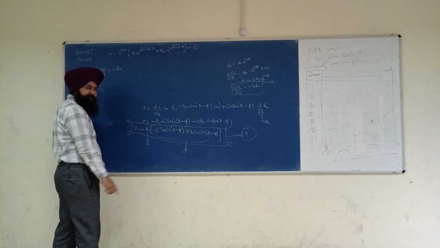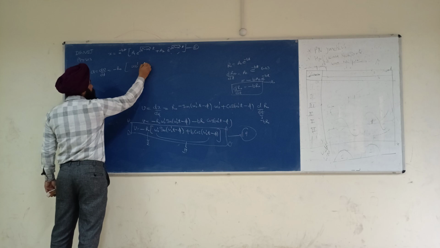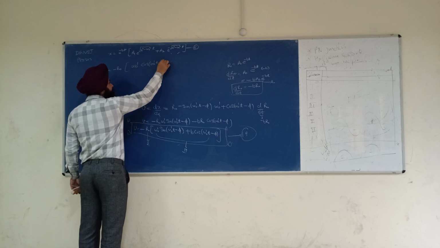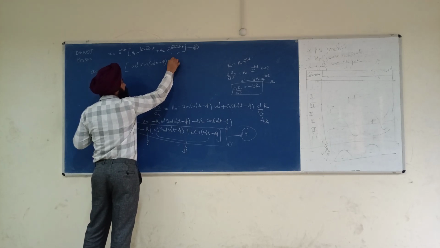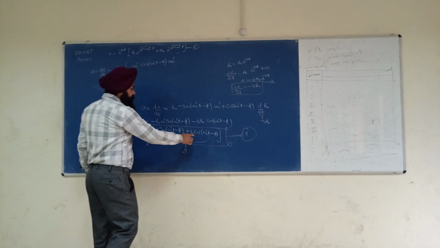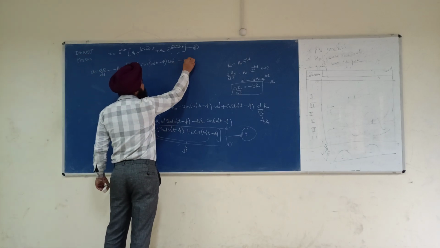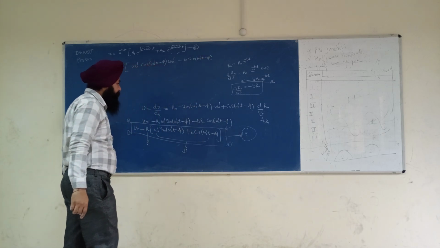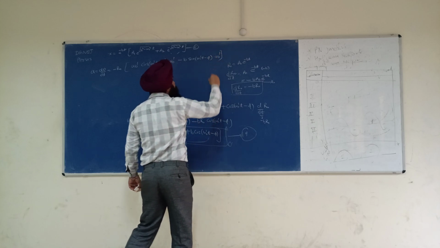What would it become? The derivative of sin is cos, of omega naught prime t minus phi, into omega naught prime. Plus the derivative of cos is minus sin: minus b sin of omega naught prime t minus phi, into omega naught prime.